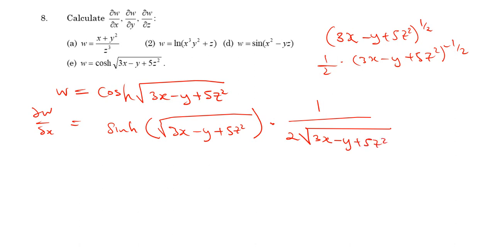But then I'm differentiating with respect to x, so I am not done. I have to differentiate this again, chain rule. Inside here I differentiate with respect to x. I only differentiate this part since I'm taking the partial derivative. I differentiate 3x and I just remain with 3.